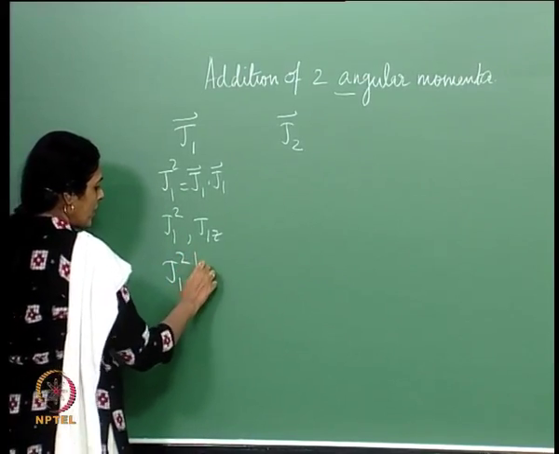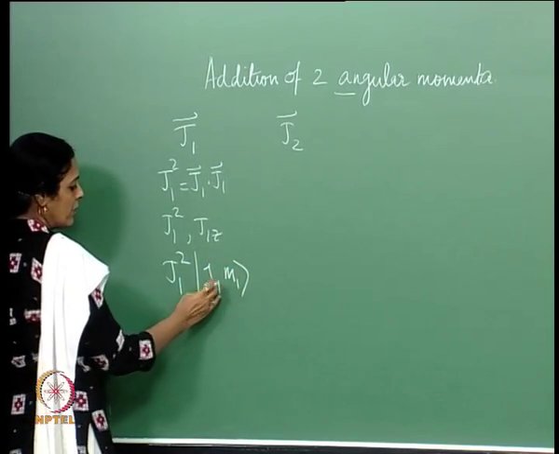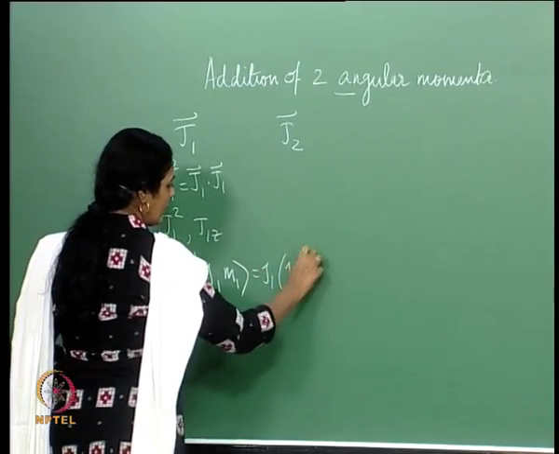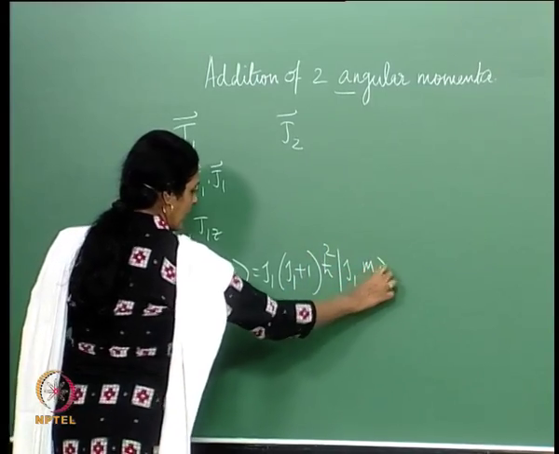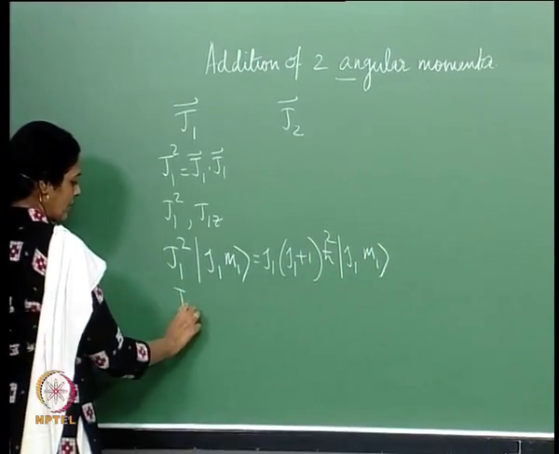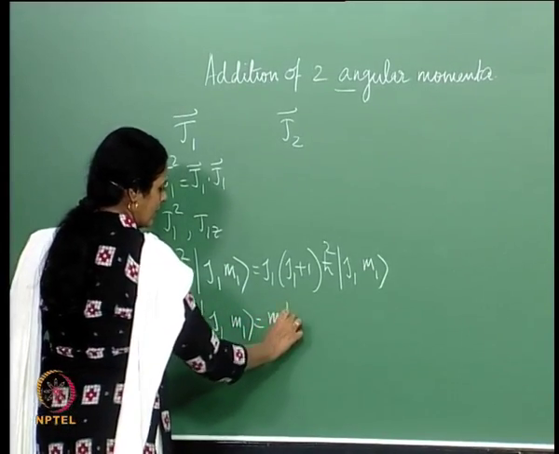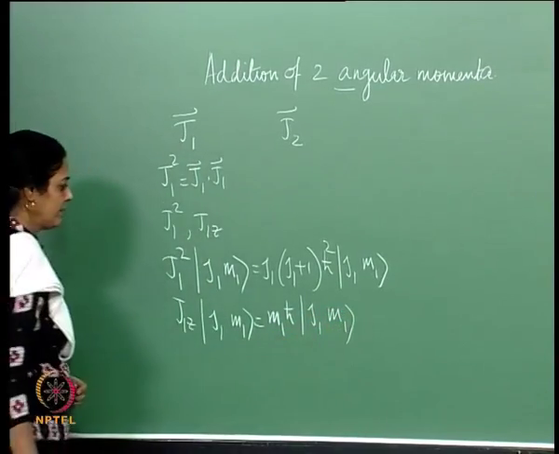So J1 squared acting on a state labeled by J1 M1 gives me J1 into J1 plus 1 H cross squared J1 M1, and J1z acting on the state J1 M1 gives me M1 H cross J1 M1.